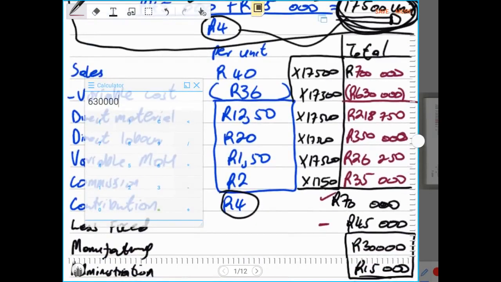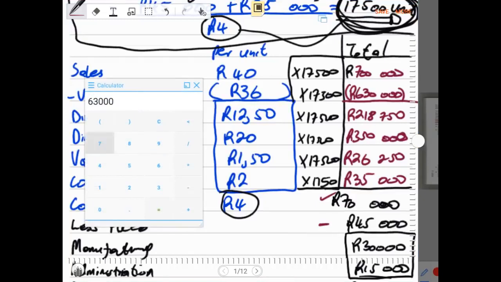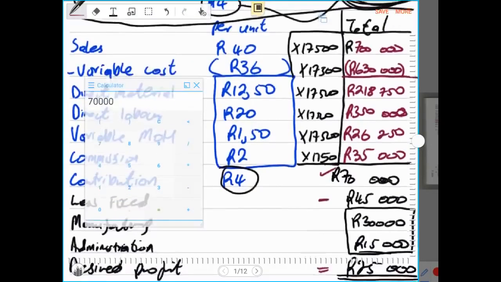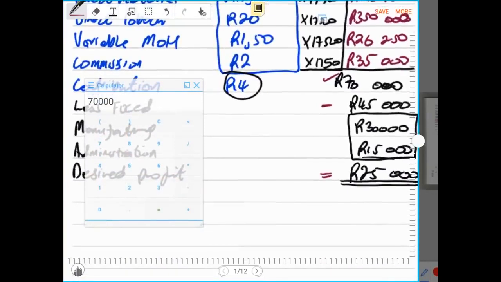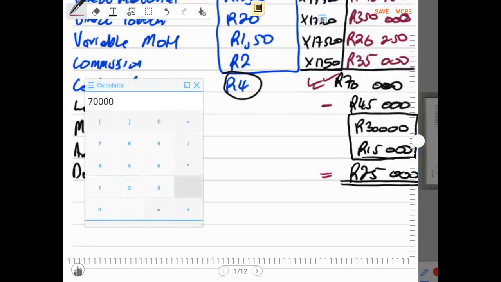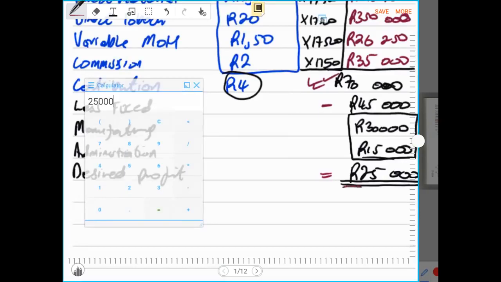Then after, now we say 700,000 rands, which is our total sales, minus 630,000 rands. This gives us 70,000 rands, which is our contribution. As you can see, that's 70,000 minus fixed cost of 45,000 rands, and this gives us 25,000 rands.